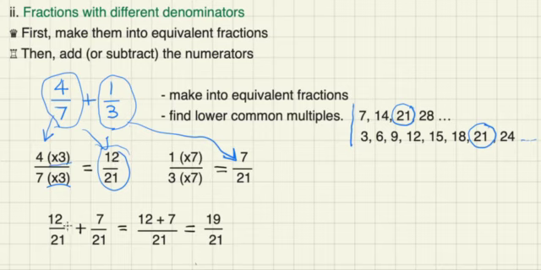So we take this 12 over 21, we add it to 7 over 21. 21 is the lowest common denominator. And then all we do is add these together. So 12 plus 7 equals 19 over 21. Can this be simplified even more? No, it can't. So this is the final answer.